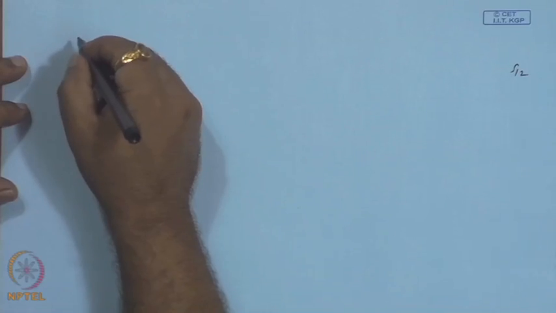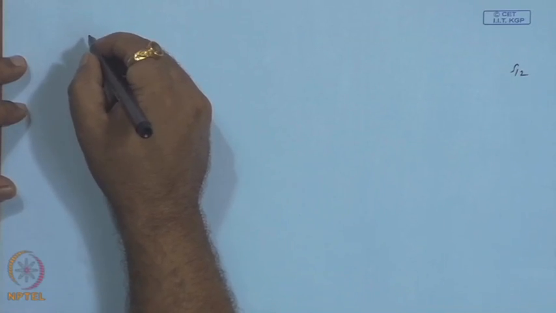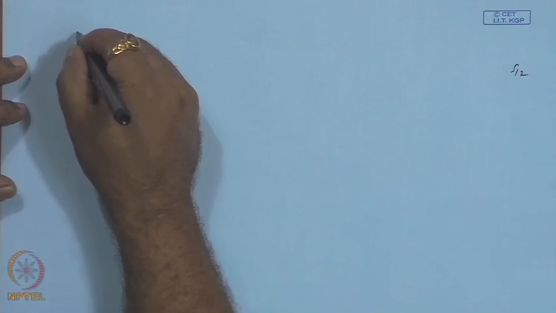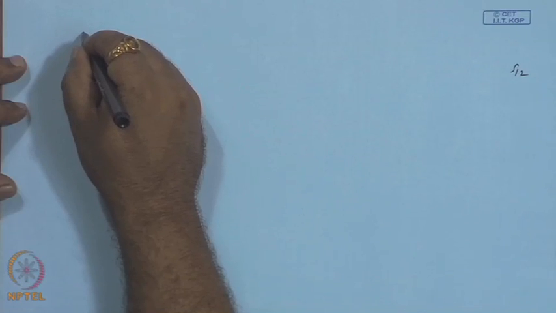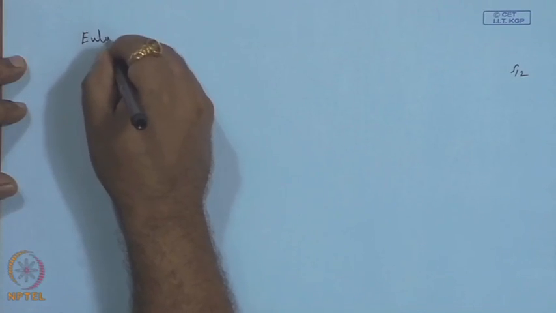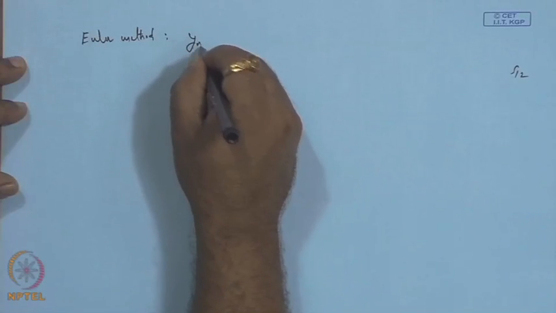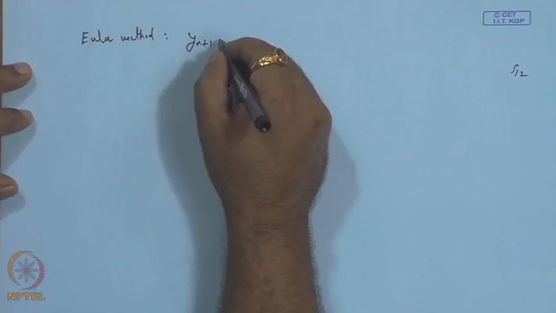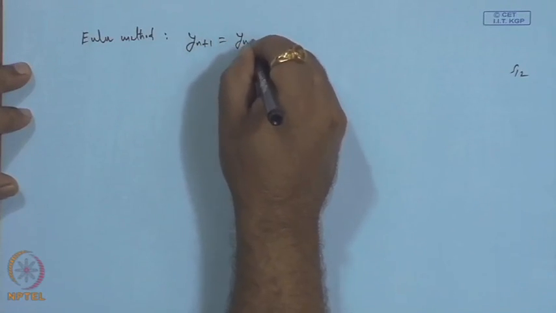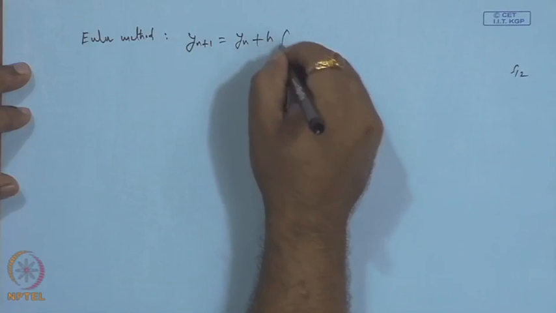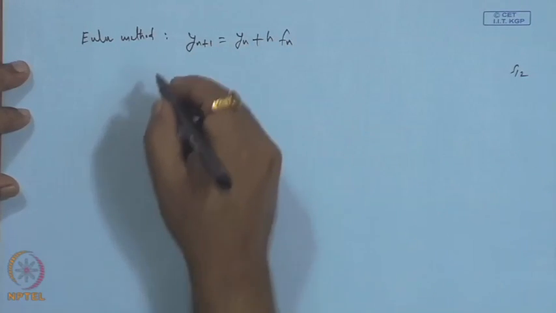For example, consider the Euler method y_{n+1} = y_n + h f_n.